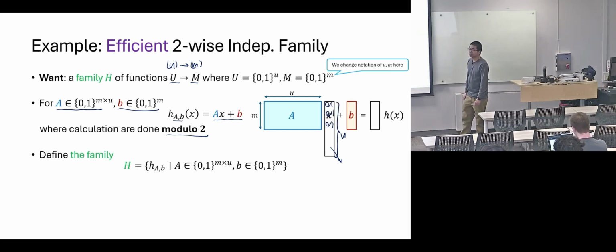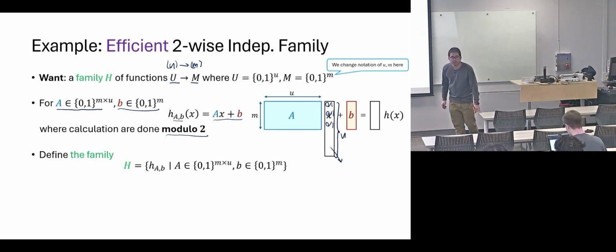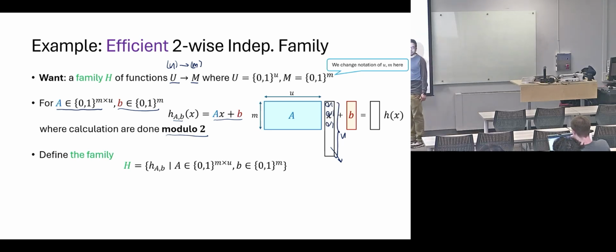Wait, and A is not just a super long thin vector of 0, 1s? Say again? It's a matrix, right? Yeah, a matrix that has m rows and u columns. Oh, and each cell is just 0, 1. Each cell is 0, 1. Okay.